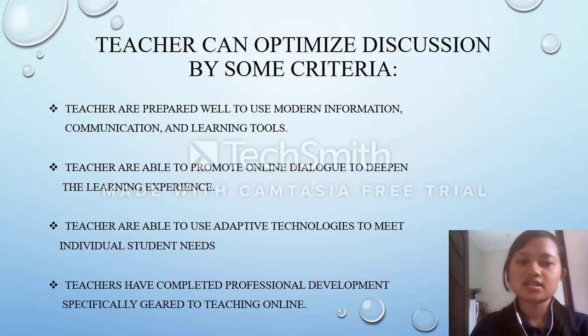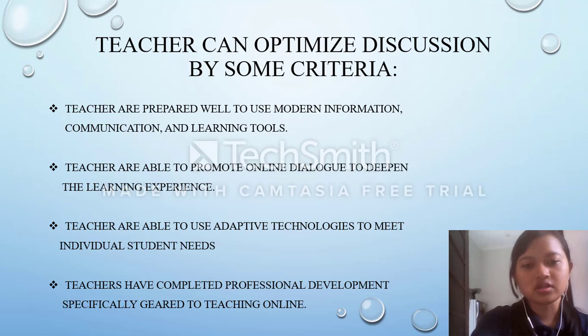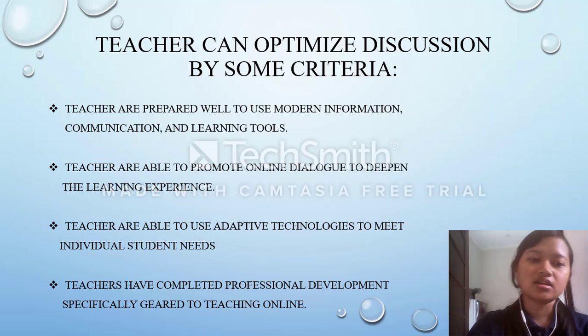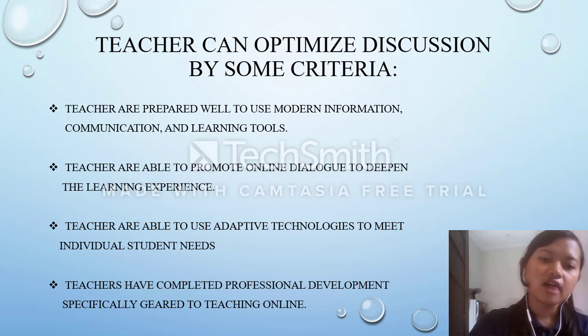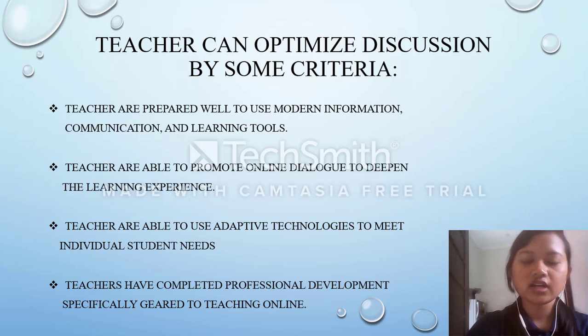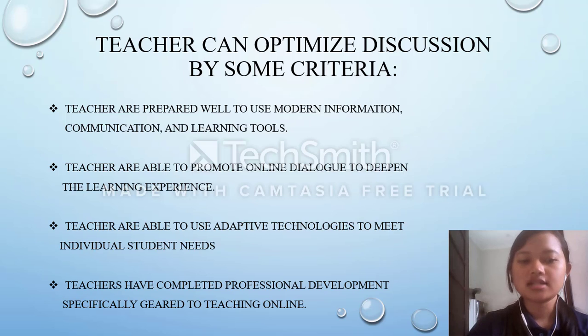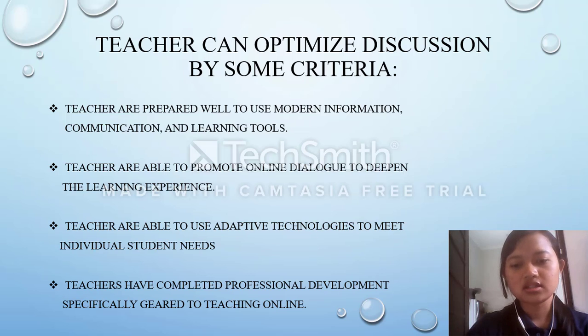And the second is, teachers are able to promote online dialogue to deepen the learning experience. And the third is, teachers are able to use adaptive technologies to meet individual students' needs. And the last is, teachers have completed professional development specifically geared to teaching online.